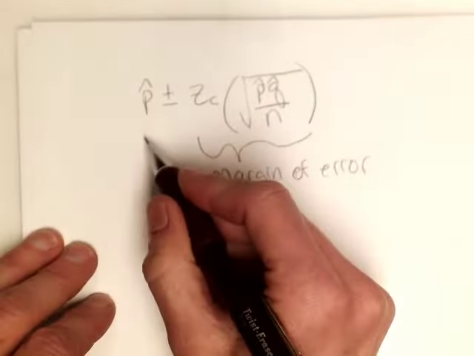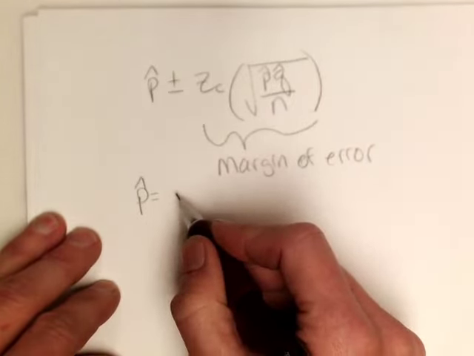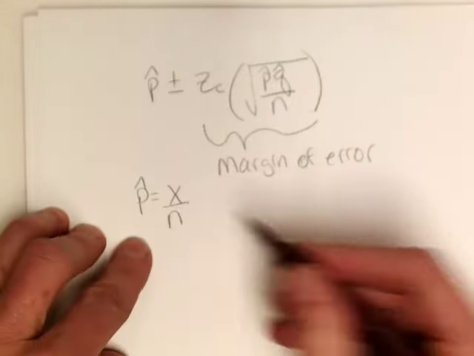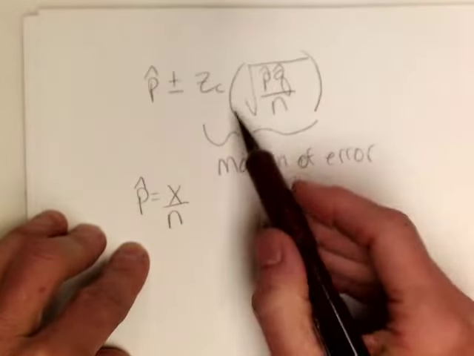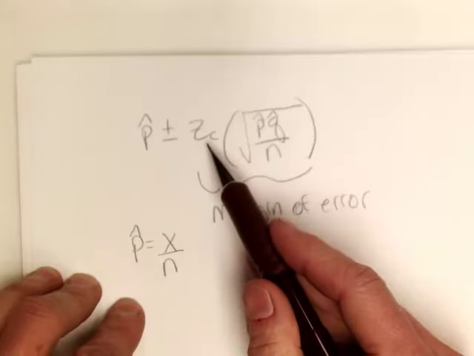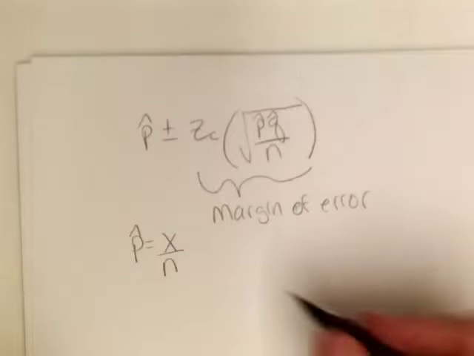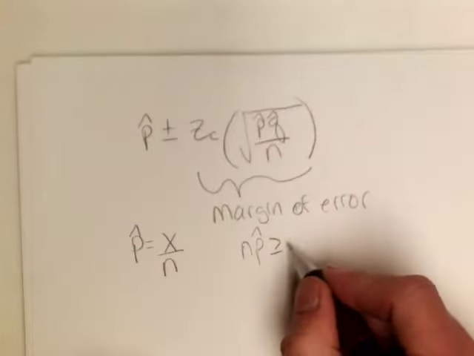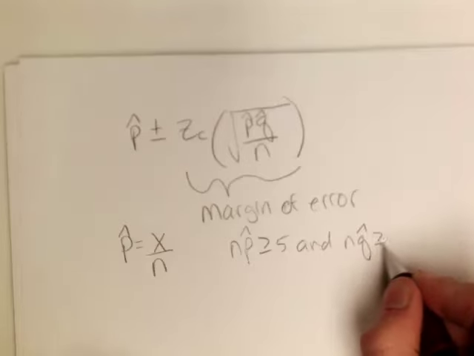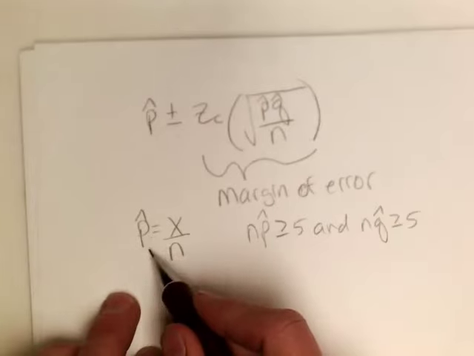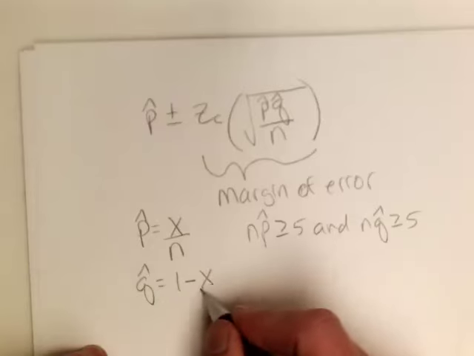And p hat is the number of successes out of our sample size. We can use the normal distribution to approximate the binomial distribution if n times p hat is at least 5 and n times q hat is at least 5. If p hat is x over n, q hat would be 1 minus that.